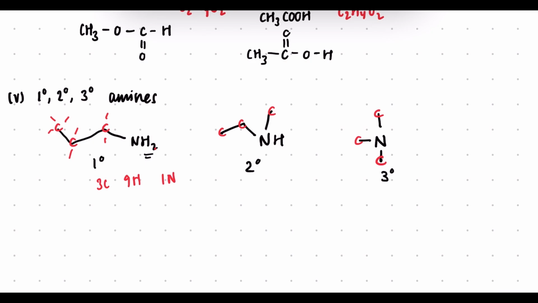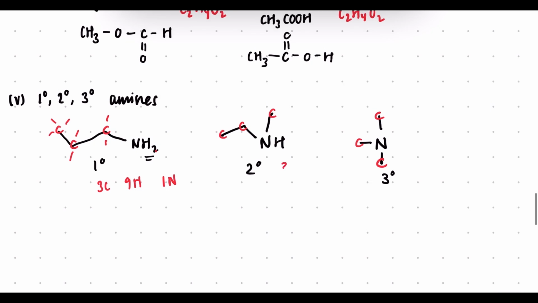Now let's check the other ones. There's 3 carbons, 9 hydrogens, and 1 nitrogen. And these have 9 hydrogens, 3 carbons, and 1 nitrogen. The same as the other ones.